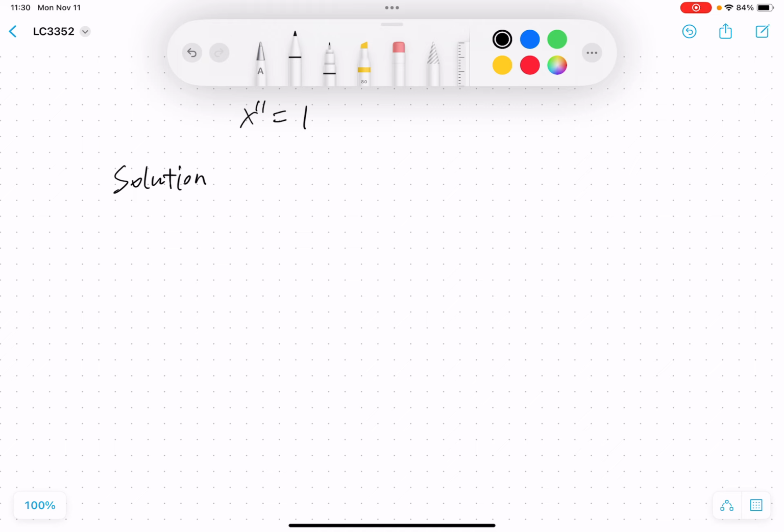For this solution, we can talk about the detailed limitations of the numbers. That means s.length is less than 800 and k is less than 5.